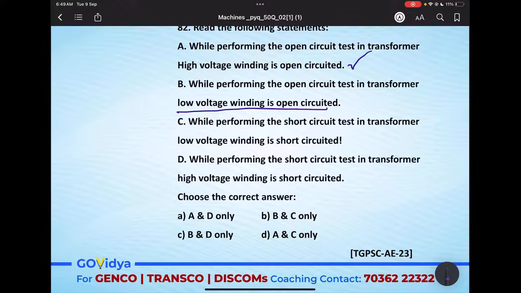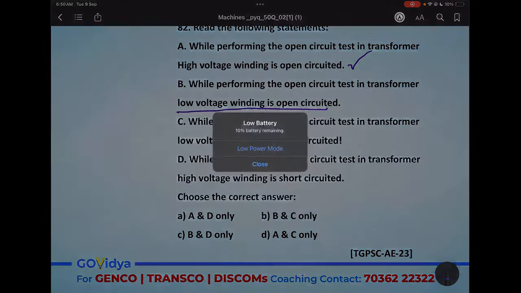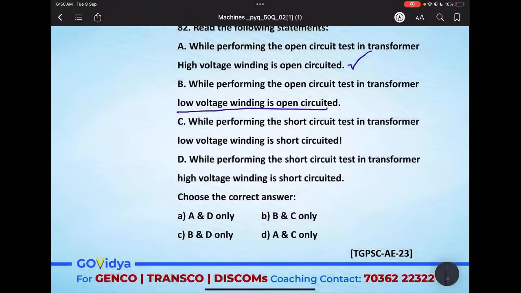That means high voltage is required to generate the rated losses. We already discussed the drawbacks of connecting the HV side to the rated voltage: high rated measuring equipment is required, and more losses will be there. So this statement is not correct.